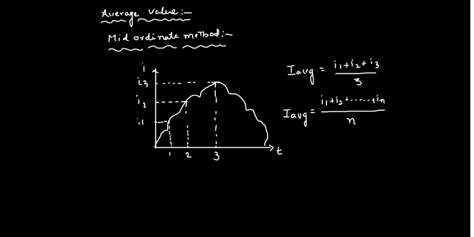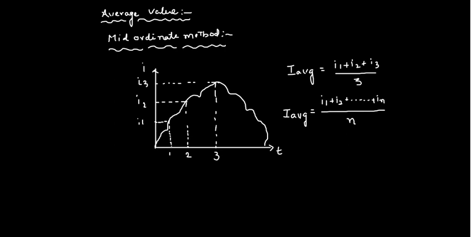Then the average over a full cycle will be 0. That is the reason why, for a symmetrical wave, we consider only the half wave.